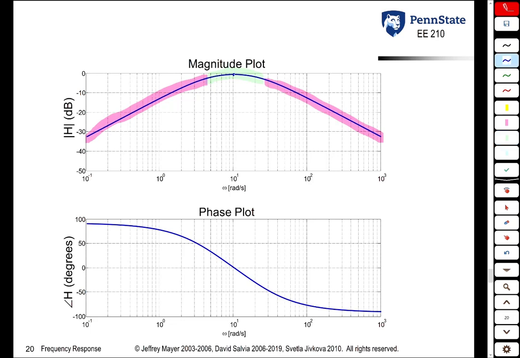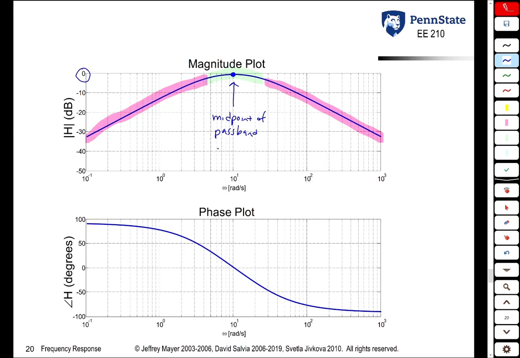In fact, at this point right here, we do get a gain of 1 or 0 dB. In this case, we call this point the midpoint of the passband. It is the frequency at which we get maximum gain of unity.